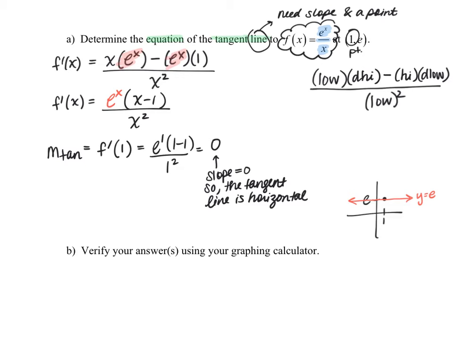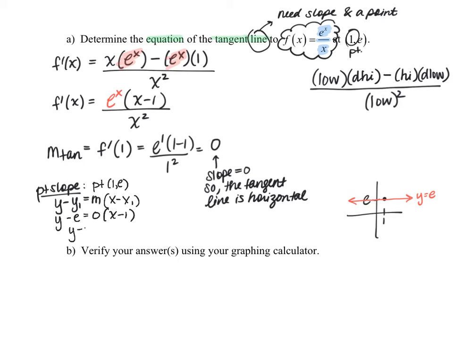Now, some of my students use point slope form quite a lot, so let me just show you. If you did want to use the point slope form of the line, y minus y sub 1 equals the slope m times x minus x sub 1, you could still do that here. The point that we would be using was the point given, which was (1, e). So that would be y minus e equals our slope, which was 0, times x minus 1.